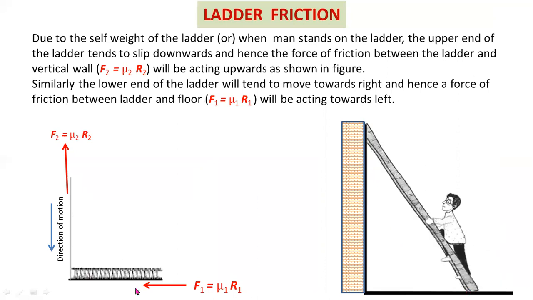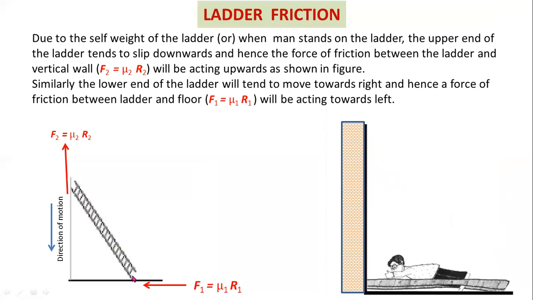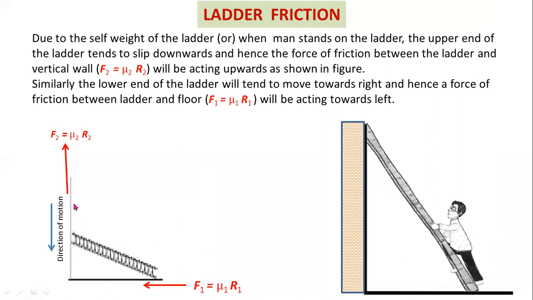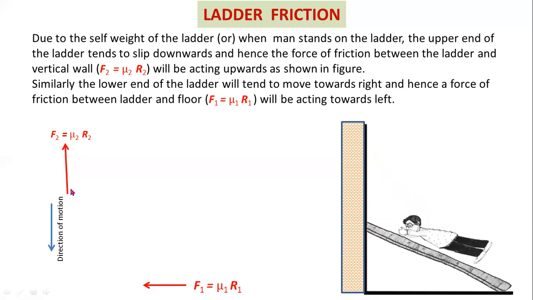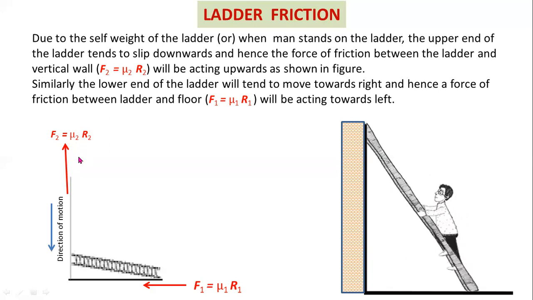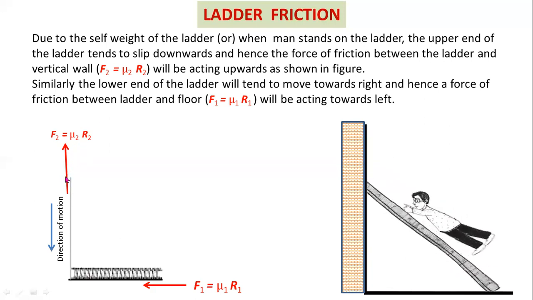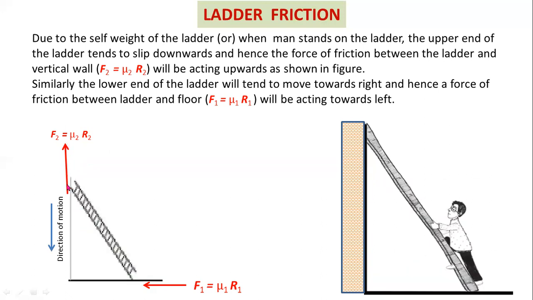Hence the friction between the ladder and the vertical wall, F2 equal to mu 2 R2, will be acting upwards, as shown in the figure.